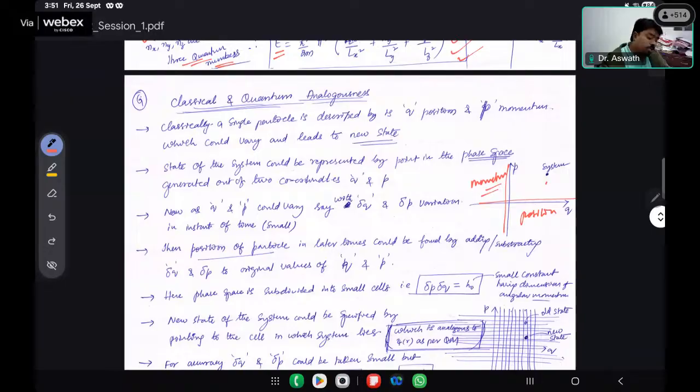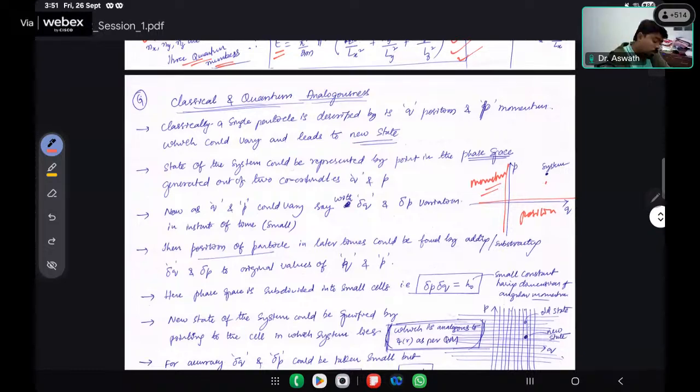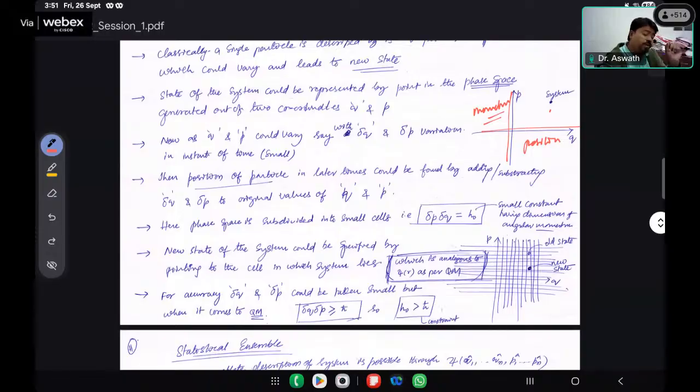In the position and momentum dimensions, the particle is moving with a particular velocity, and its position changes at every time. So for a very small infinitesimal change in time, let's say position acquires some delta q change, and momentum acquires some delta p change. So the new position I can connect to the old position by slightly adding or subtracting these small changes in position and momentum.